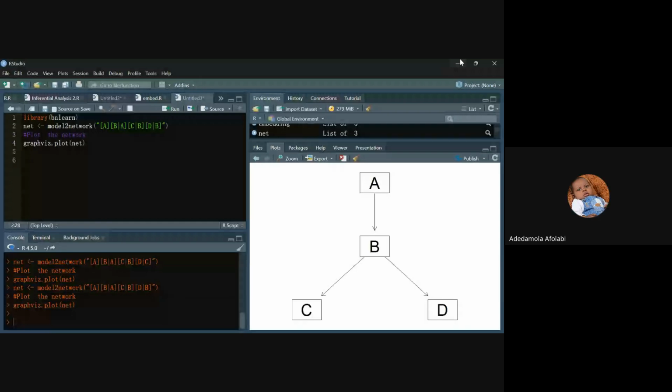Okay, question 3, right? Yeah, question 3. I'm still trying to assimilate this, but let me just try. What happens in a collider structure if the middle node is not conditioned on? I think variables are independent. Can you explain why you're choosing that?